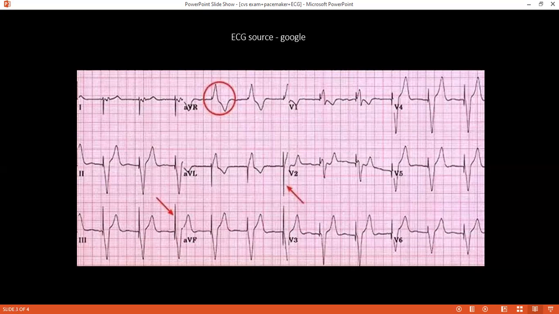What would you say about the nodal condition of the patient? Since the patient has a pacemaker, waves are not generated by the patient's node.